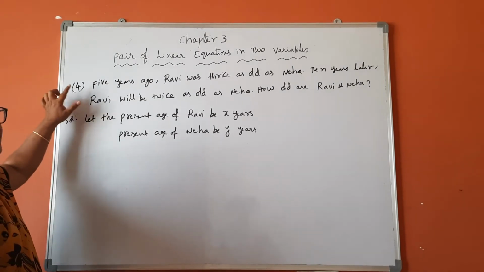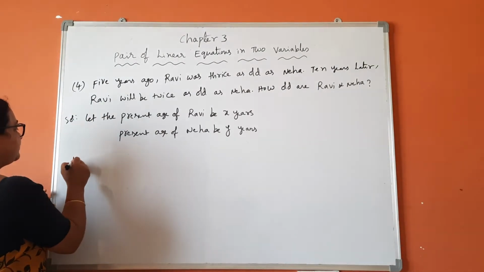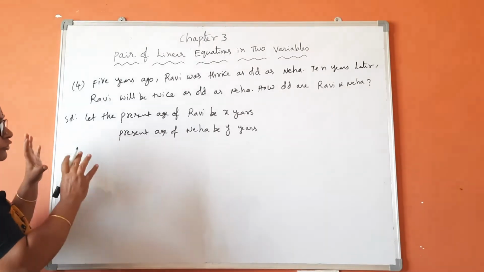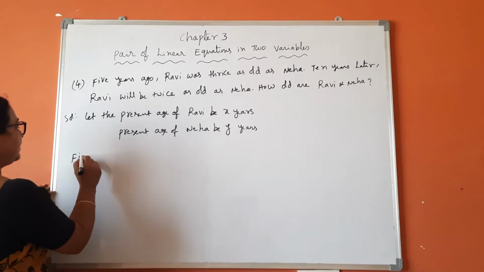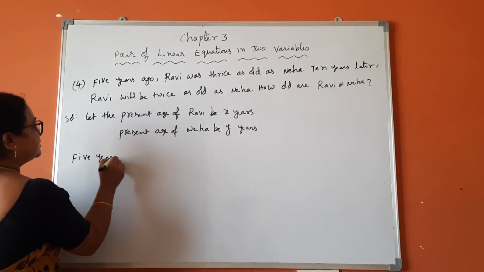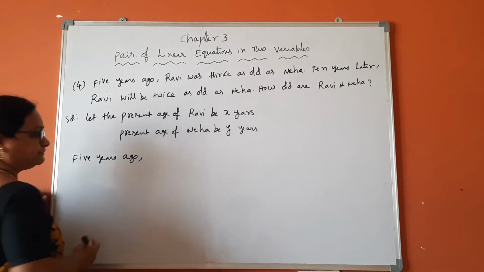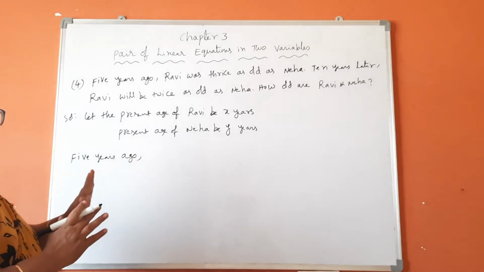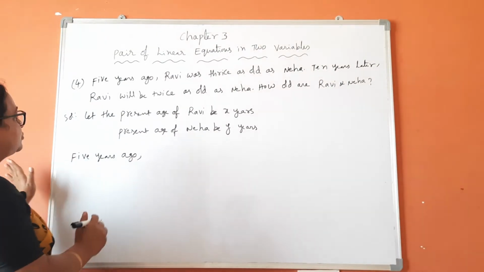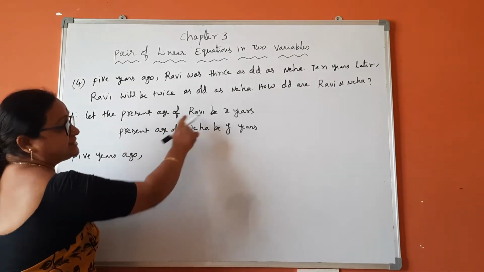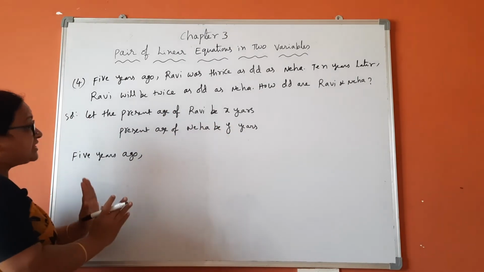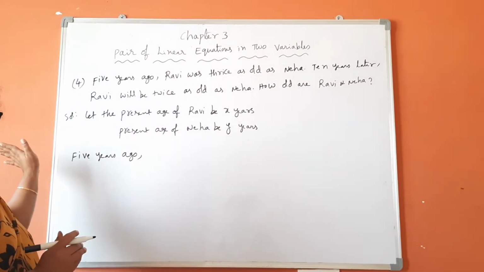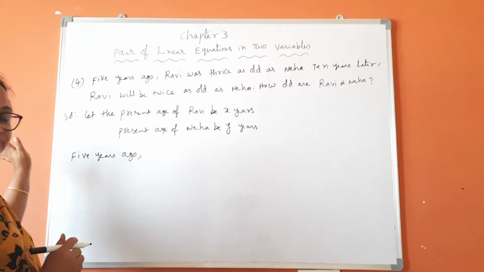So 5 years ago. First we will form the statements, then we will solve it. 5 years ago means before age. So 5 years ago, what is the age of Ravi? Present age of Ravi is X years. 5 years ago, Ravi's age will be X minus 5 years.